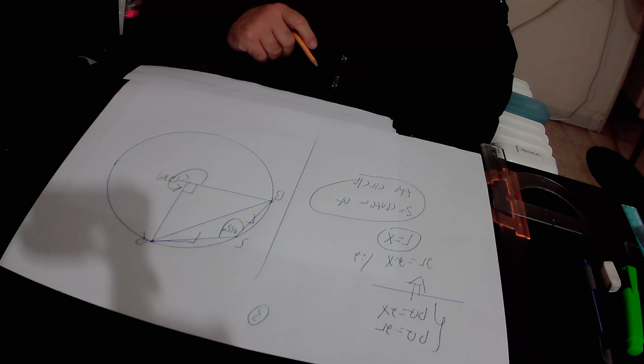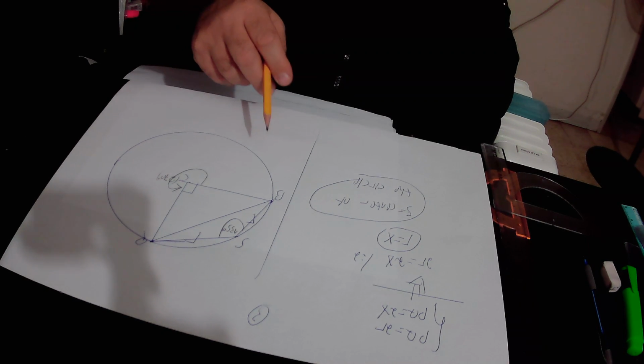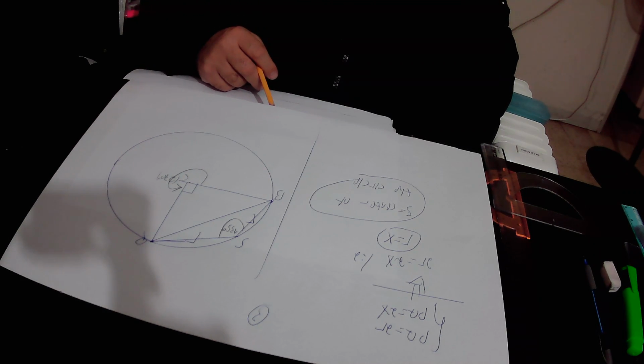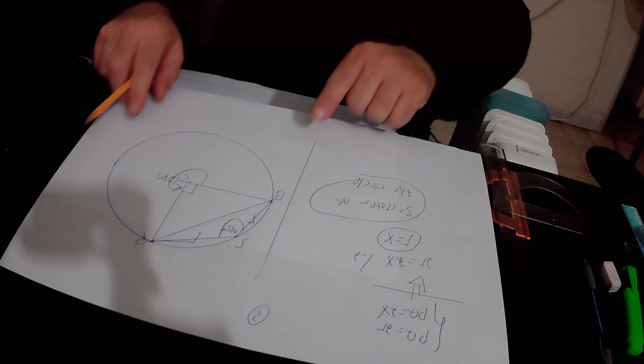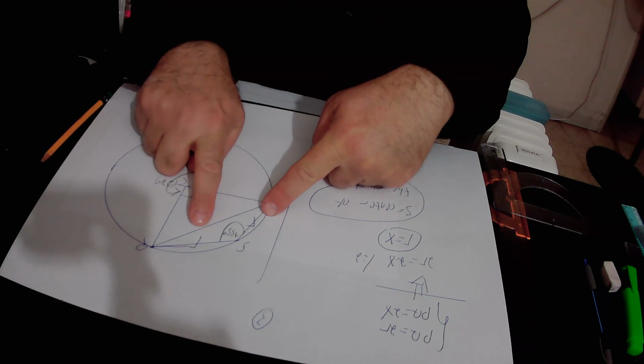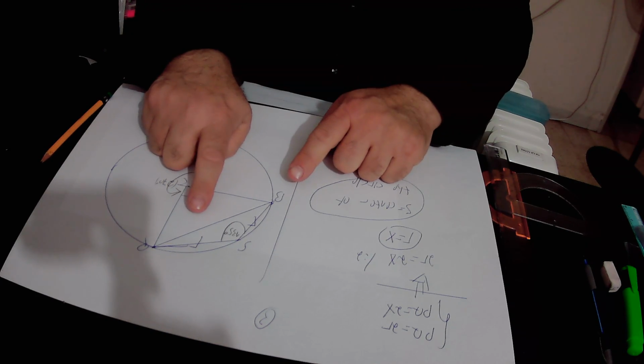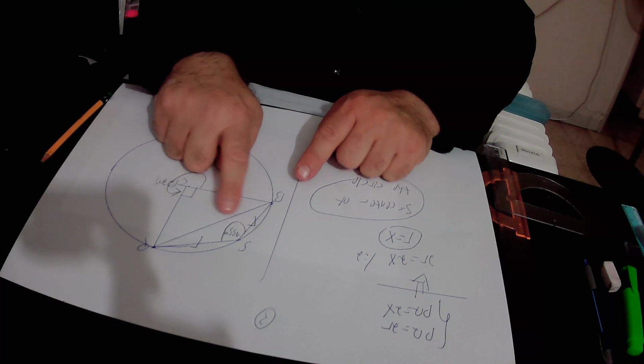Okay, so we know that in triangle BSQ the sum of the angles must be equal to 180 degrees, and we know that those two sides are equal to each other. So BS equals SQ in triangle BSQ.